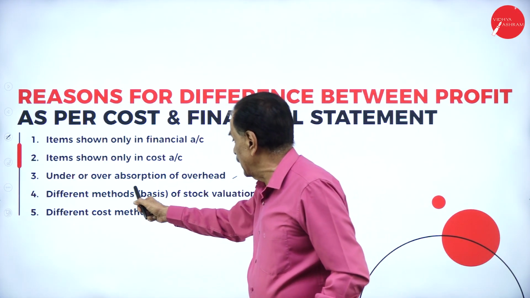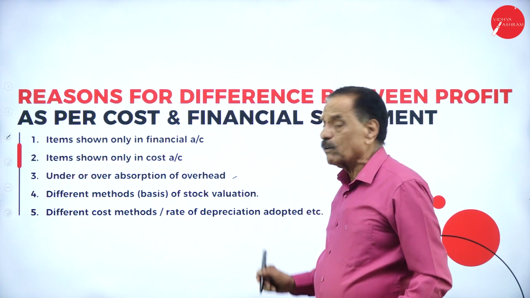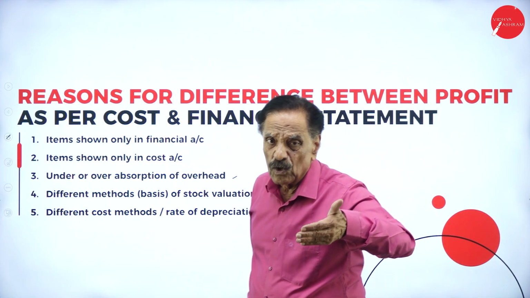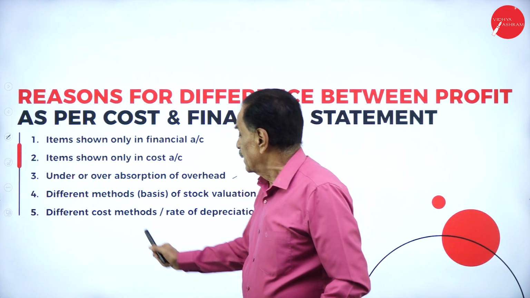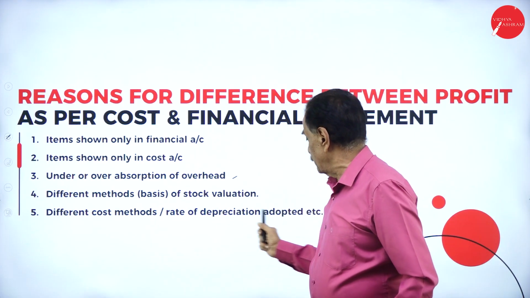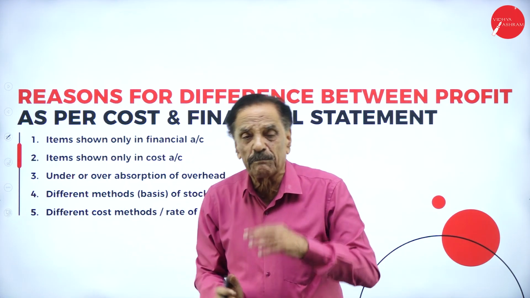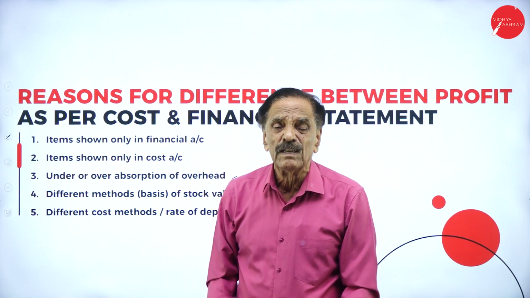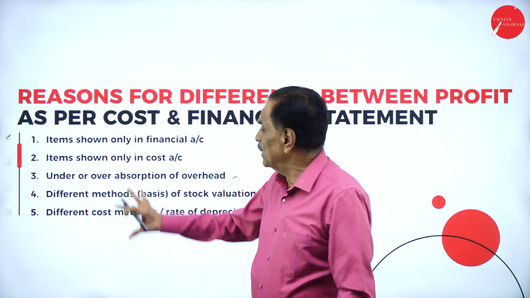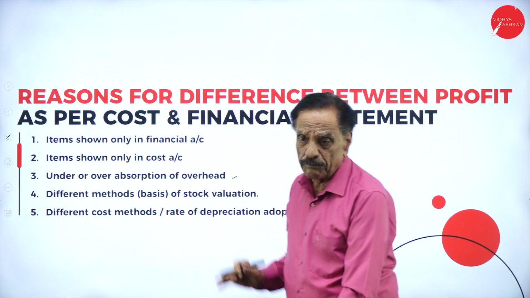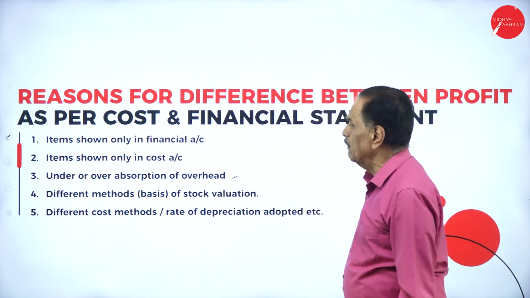That will be dealt with here. Different methods of stock valuation: there are differences in closing stock and opening stock. Different cost method, that is, rate of depreciation adopted. We adopt 10%, they adopt 20%. There is a difference between cost and financial account. All this reconciliation will be made. We'll move on to the problem now.